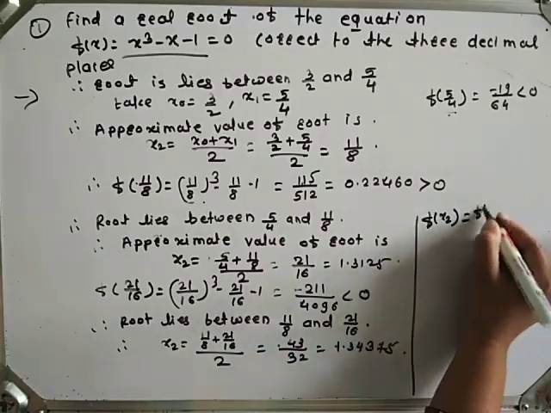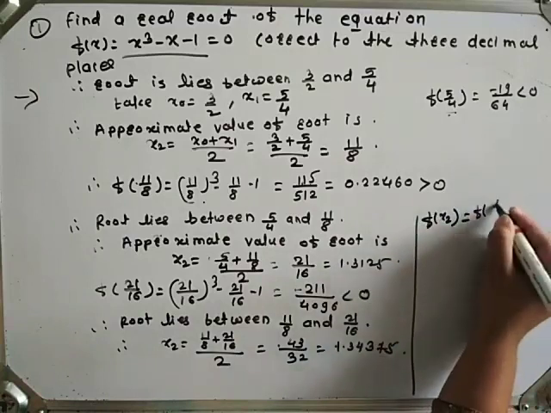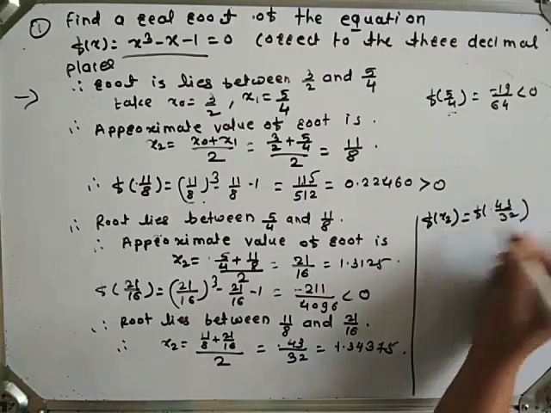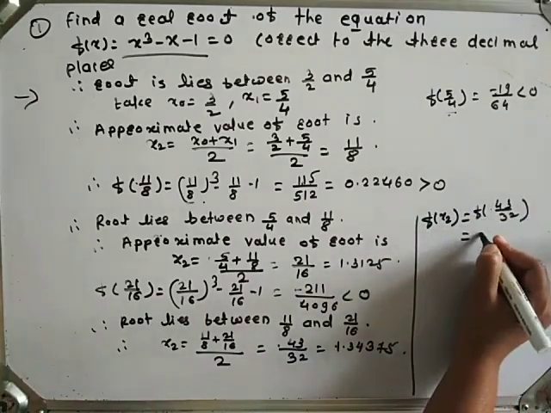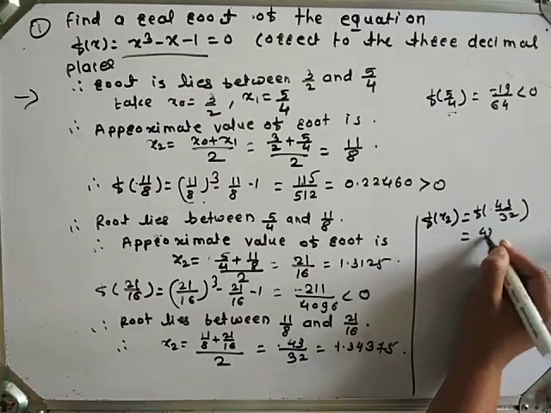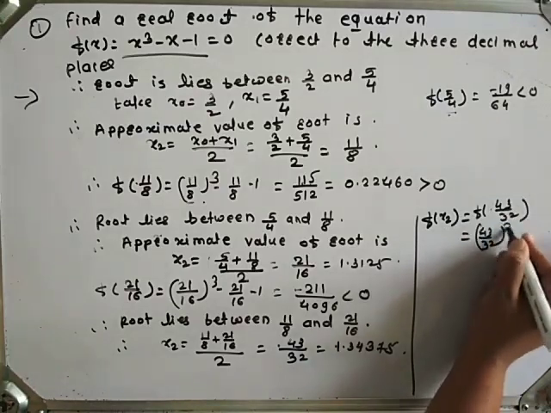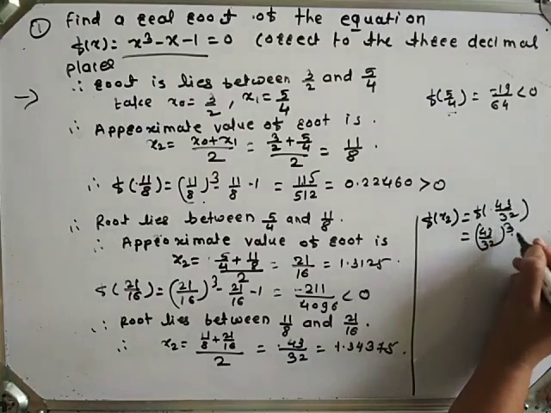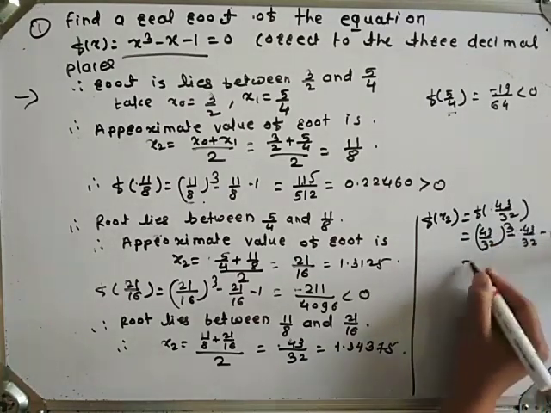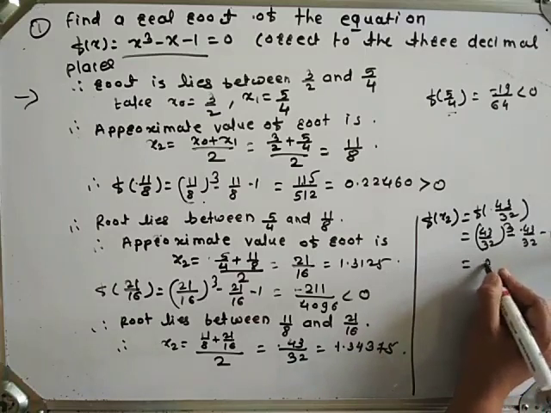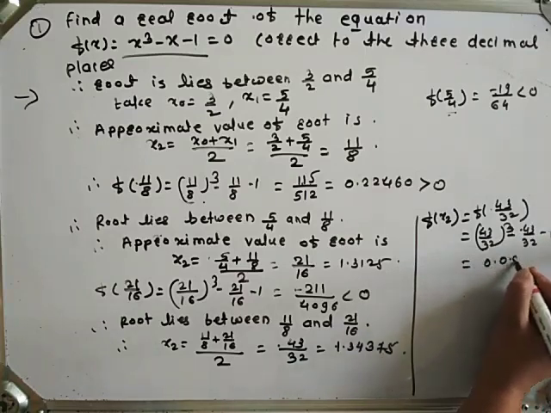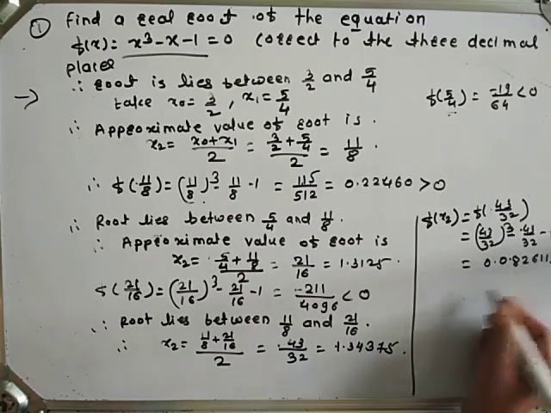Now we calculate f of x2, that is f of 43/32, which is equal to (43/32) cube minus 43/32 minus 1. After solving this we get 0.08261, which is greater than 0.